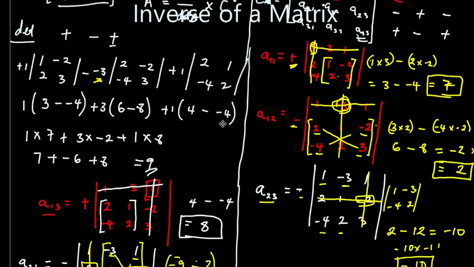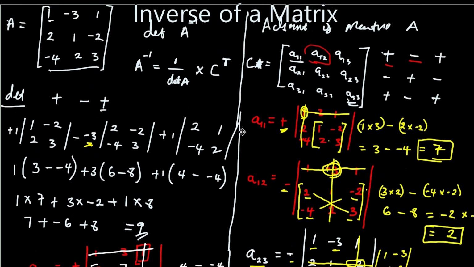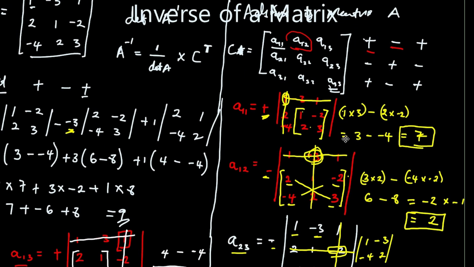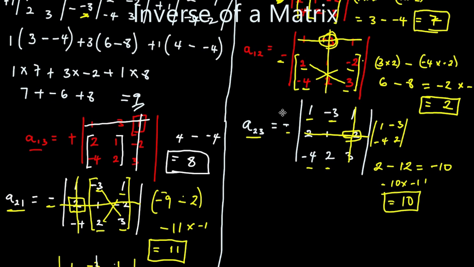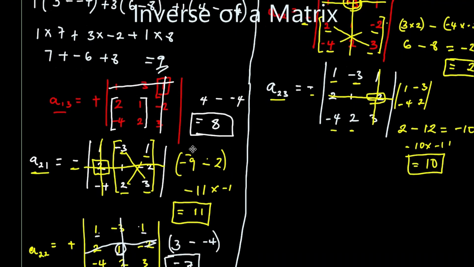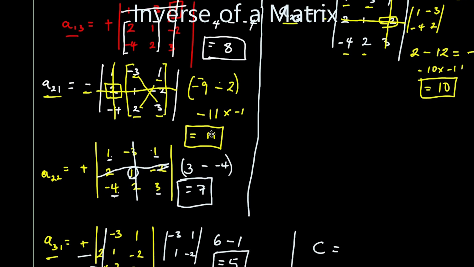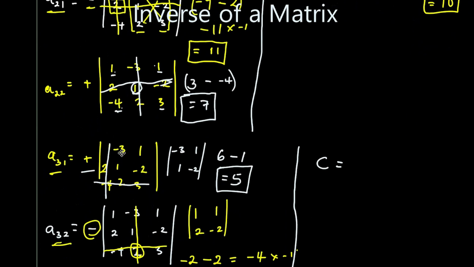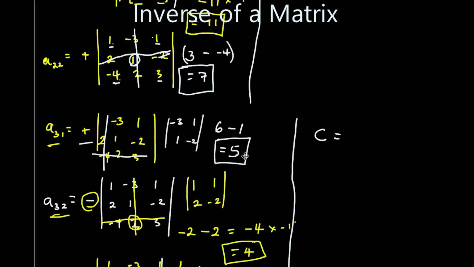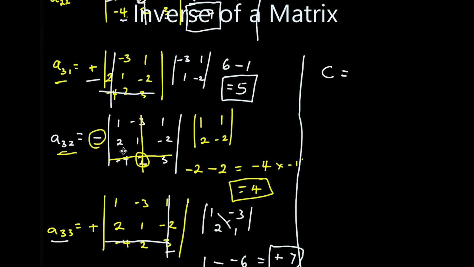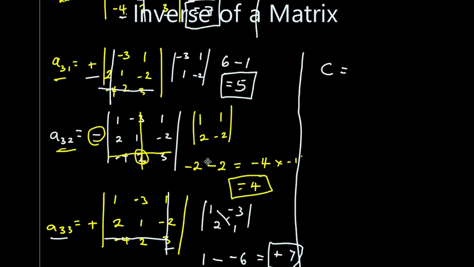Now the element in A11, you remember A11 is 7, A12 is 2, A13 is 8, A21 is 11, A22 is 7, A23 is 10, A31 is 5, A32 is 4, A33 is 7.